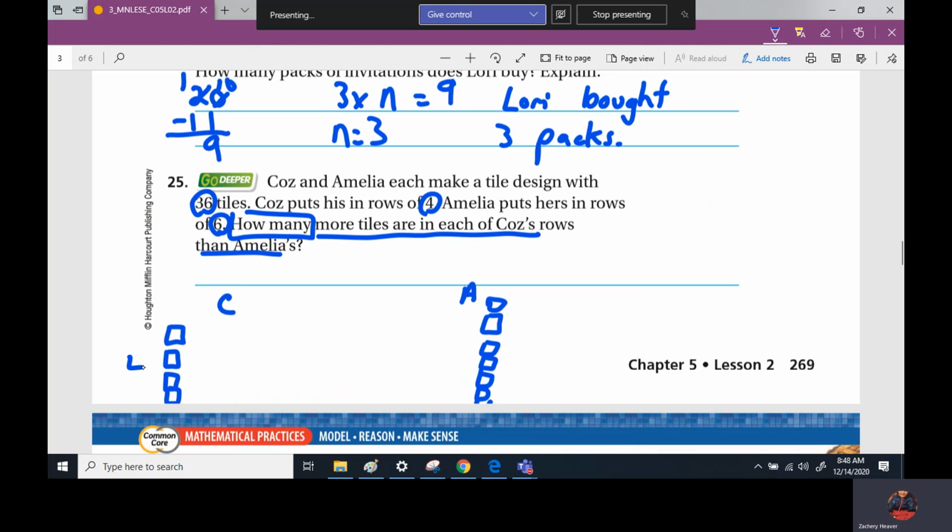So I know 4 times what equals 36. And then hers is 6 times what equals 36. I know 4 times 9, so it's going to be 9 across, and 6 times 6 equals 36. So how many more are in Cos's row?